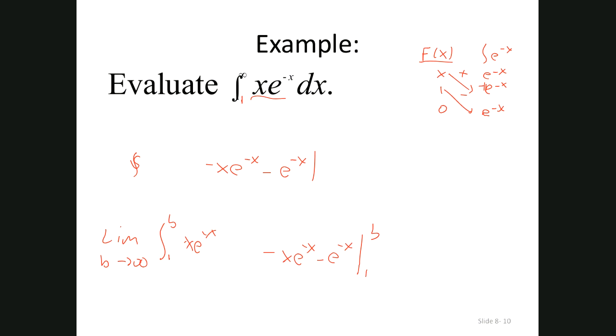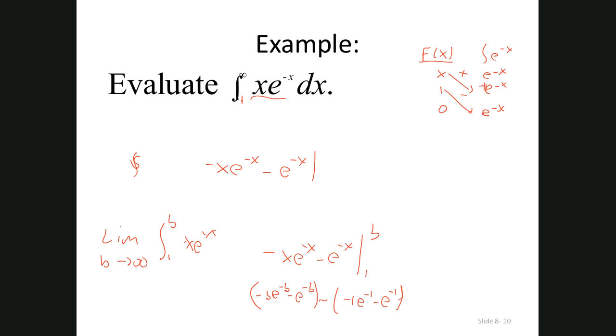And so I'm going to plug b in here. So that gives me negative b e to the negative b minus e to the negative b, minus, okay, I'm just plugging the b in, then I'm plugging the 1 in here. That's negative 1 e to the negative 1 minus e to the negative 1.